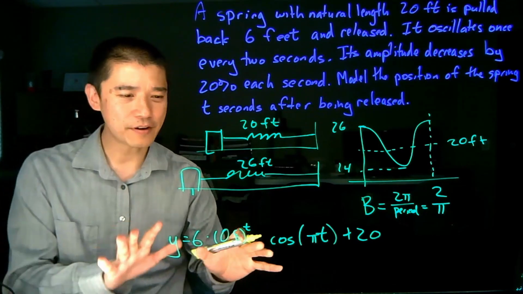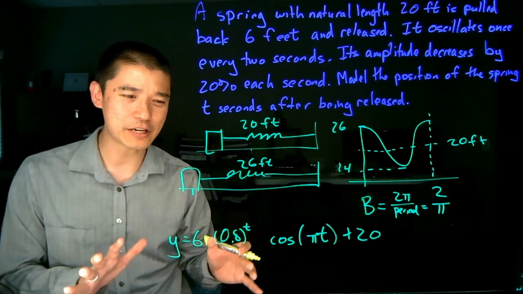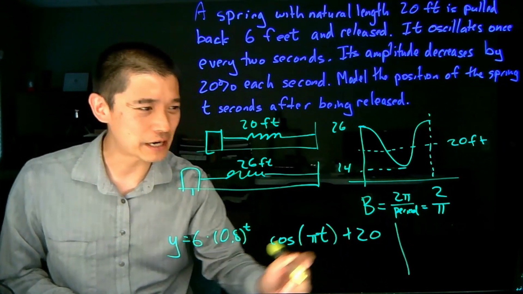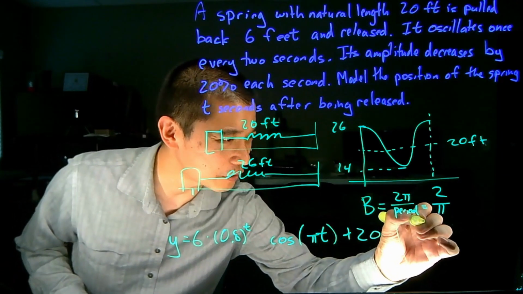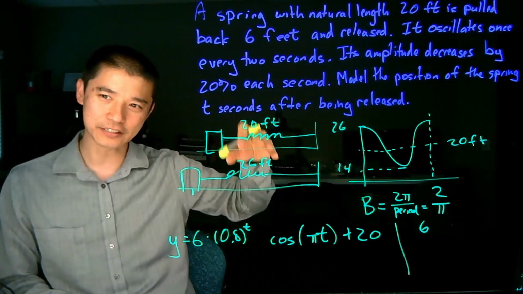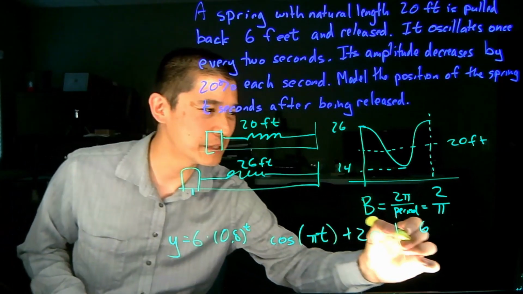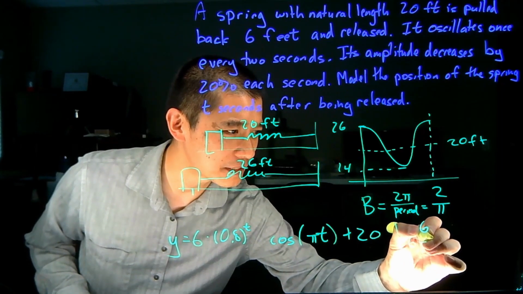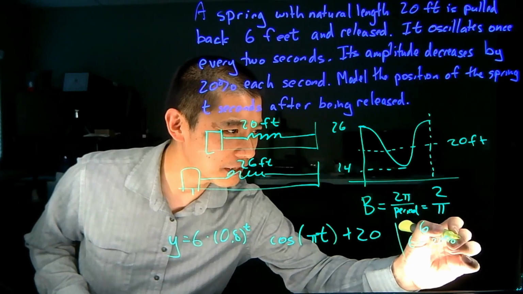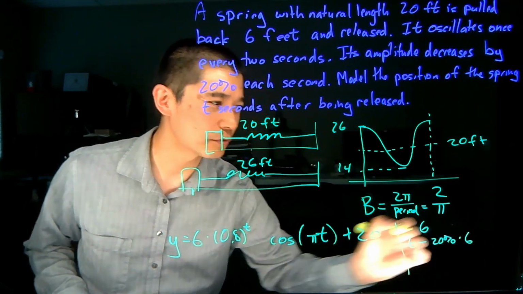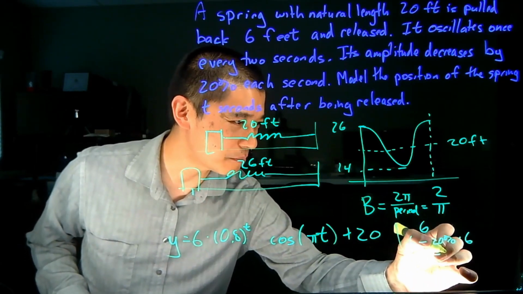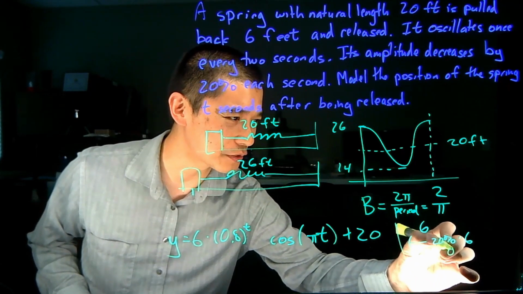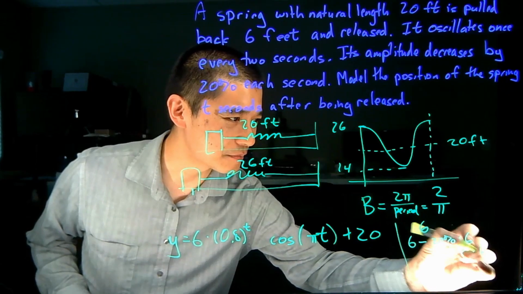Right, so this value right here feels like it comes out of nowhere at first. With a little bit of practice and experience, it feels much more intuitive. Basically, what it's saying is that we're starting off with 6 feet of oscillation. 1 second later, it's going to be 6 minus 20% of 6. And so when you factor out the 6, you get 1 minus 20%, or 1 minus 0.2, which is 0.8 times 6.